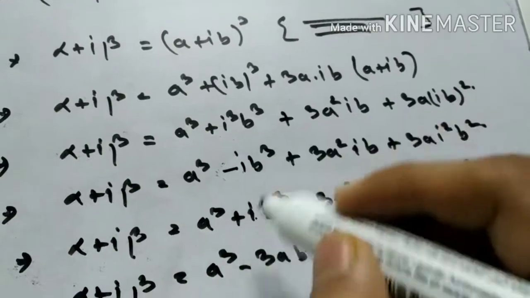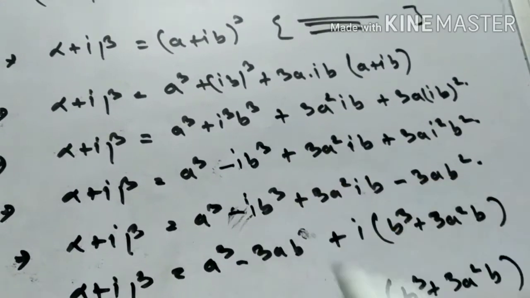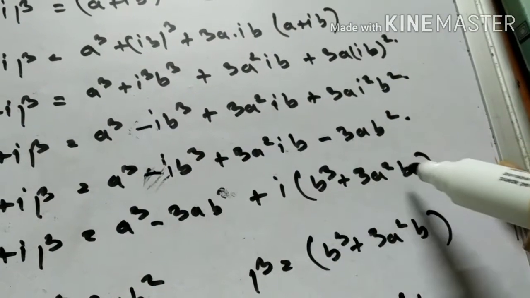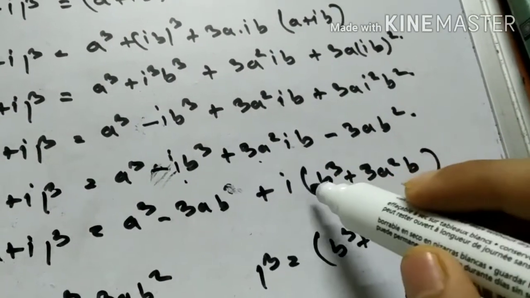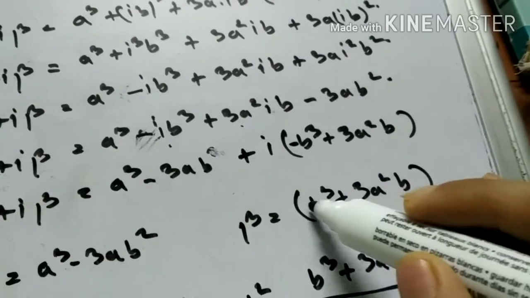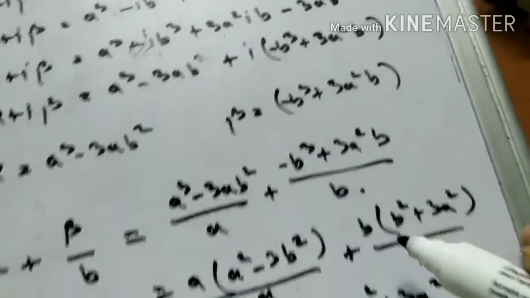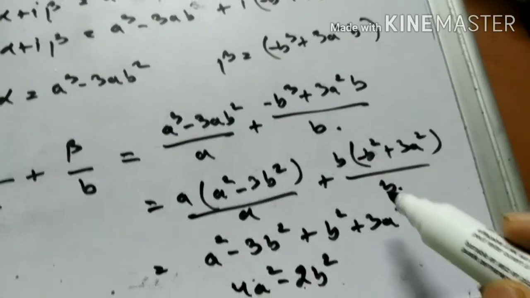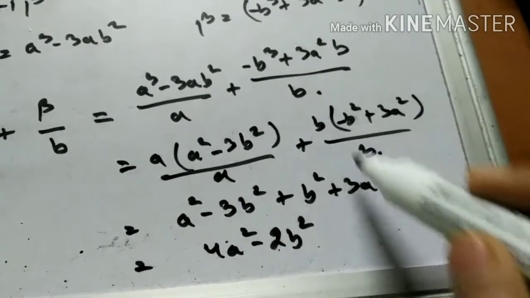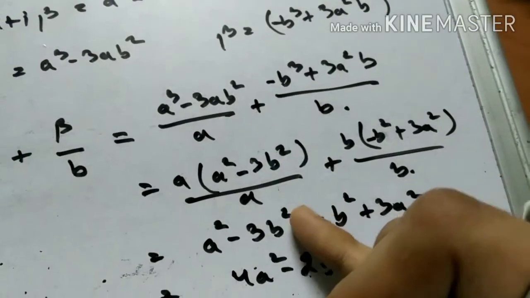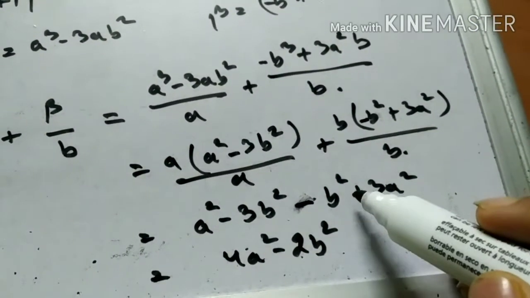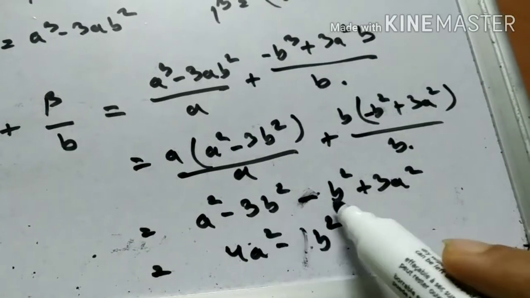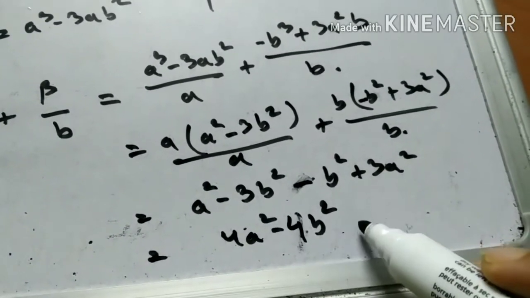Of these two, I have taken i common, so minus will remain. This is a small mistake I have made. So b cancels out, and this will be minus b square. So it will be minus 3b square minus b square, which becomes 4b square.